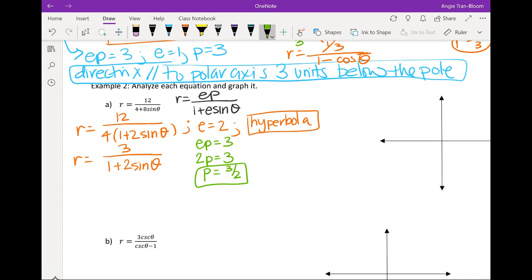In a little bit, we'll analyze it and write that in. Oh, let's just write it in. Directrix is perpendicular, parallel. It's plus sine. So what is that? Parallel to the polar axis. 1.5 units. What direction? Above the pole.